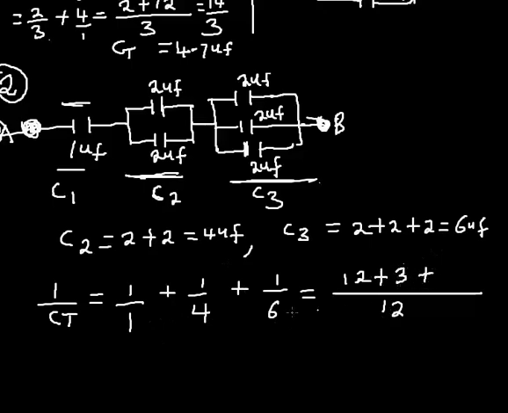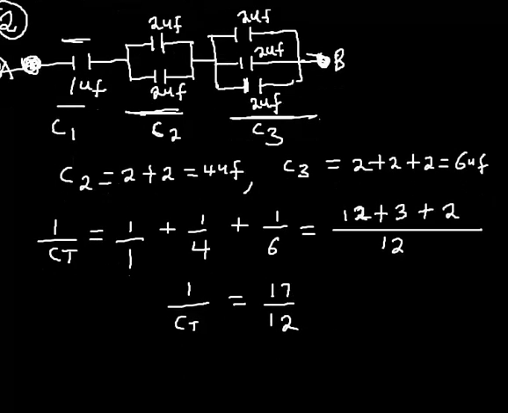And 12 divided by 6 is 2, 2 times 1 is 2. So 1 over CT is equal to 12 plus 3 plus 2, that's 17 over 12.